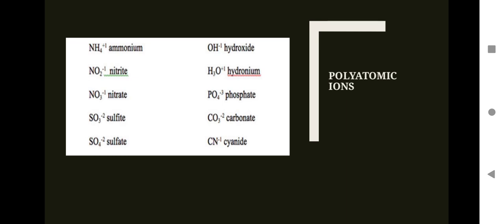Nitrite contains atoms of nitrogen and oxygen. Ammonium contains atoms of nitrogen and hydrogen. Hydroxide contains atoms of oxygen and hydrogen. In all these examples, we can see that these ions carry a fixed charge.